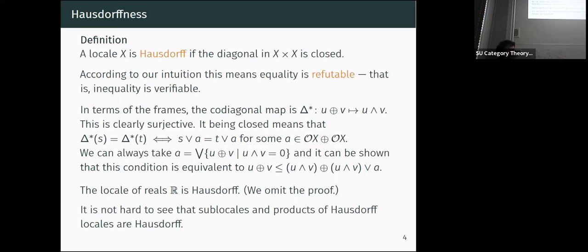But what isn't necessarily true is that if the topological space is Hausdorff, then the locale is Hausdorff. The reason is that the product doesn't always agree. Even if you have two spatial locales and you take their product, the result doesn't necessarily need to be spatial. When you apply this adjunction and go back to spaces, you get the normal product. But if you don't apply that, what you get as a locale might not be spatial.